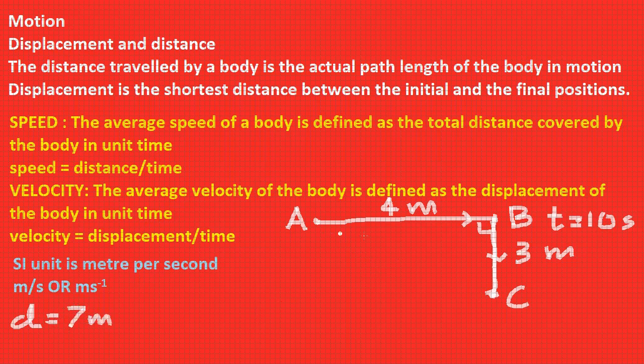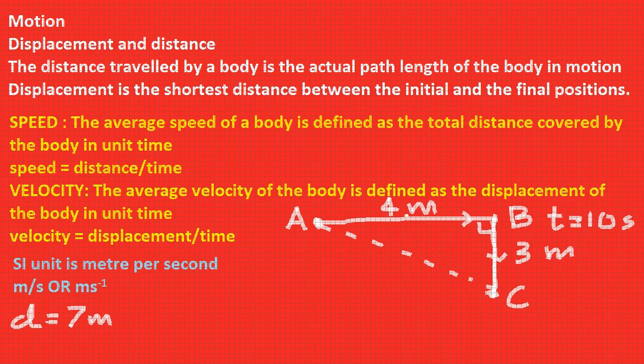On the other hand, the displacement of the body is the shortest distance between the initial position, where the body has started its motion, to the final position, where the body has stopped its motion. So what we can do is draw a straight line connecting these 2 points, and the length of that line will give us the shortest distance between those 2 points.